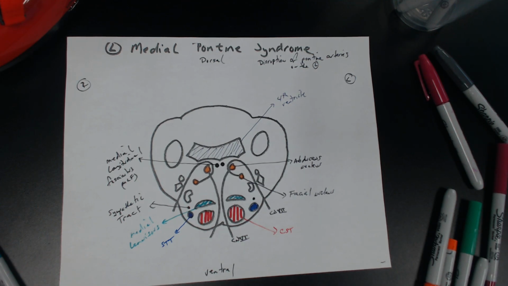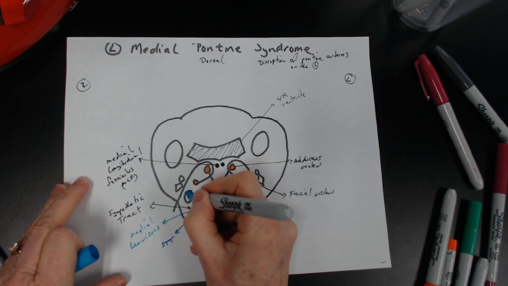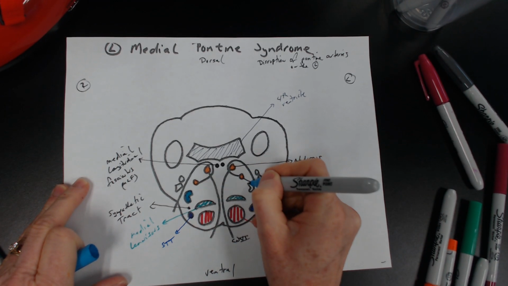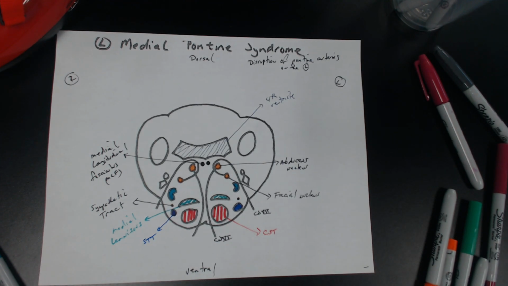Okay, thinking about sensory information coming from the face, it's going to synapse here with this nucleus. That's going to be your spinal nucleus of trigeminal.